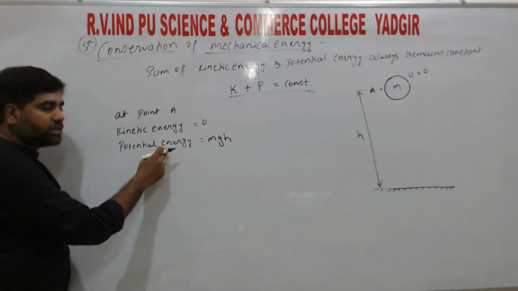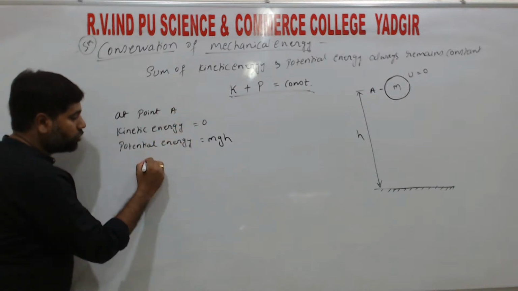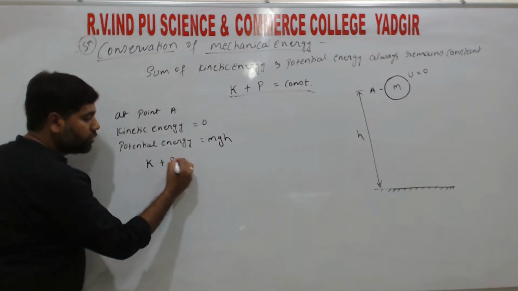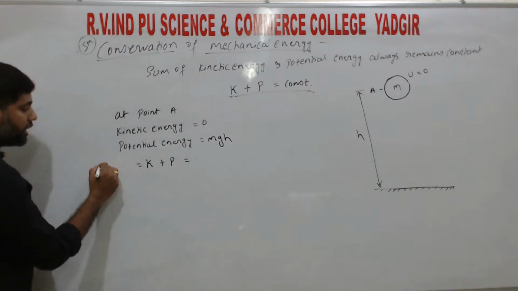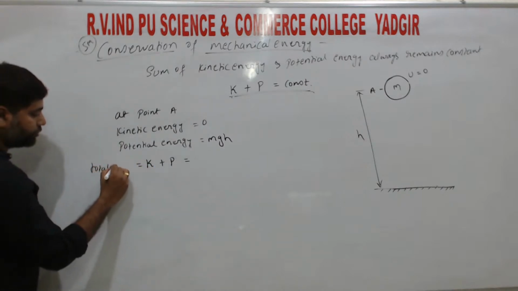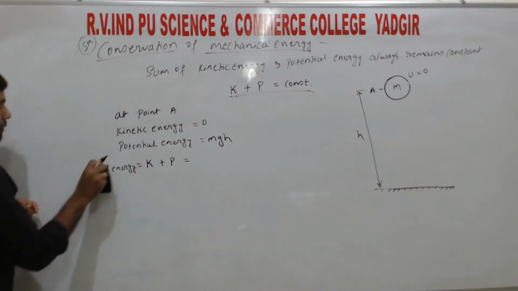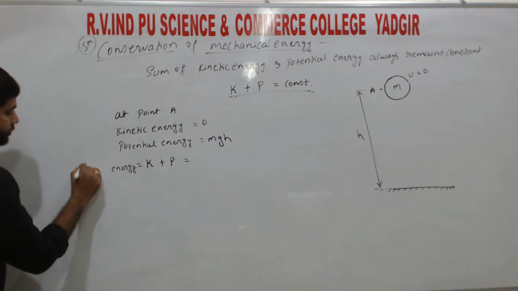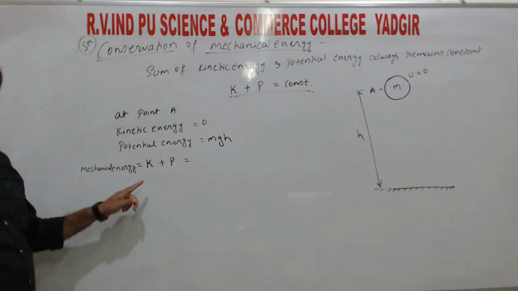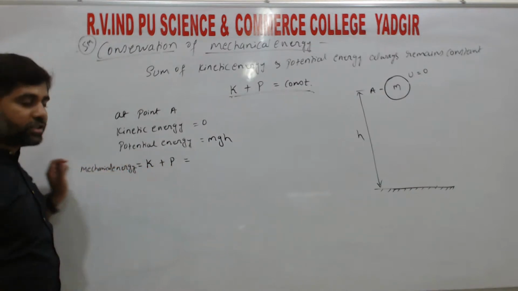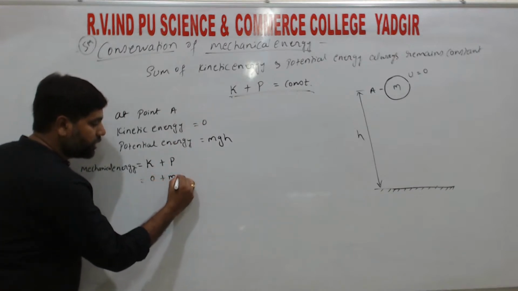The sum of kinetic energy plus potential energy is the total mechanical energy. Mechanical energy equals kinetic energy plus potential energy, that is 0 plus mgh.